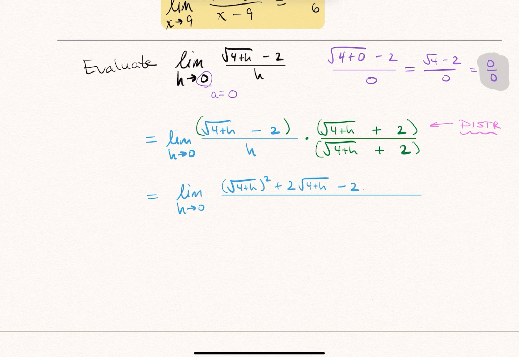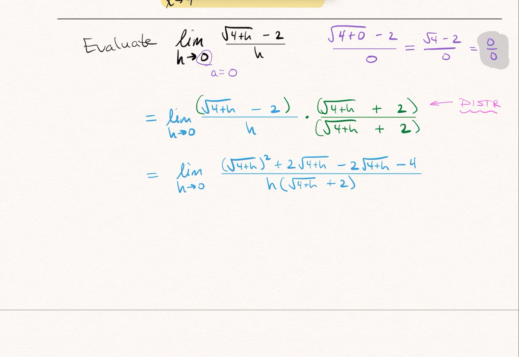Then we subtract 2 of those radicals. And lastly, we get a minus 4. And downstairs, we get a copy of the factors not distributed. As before, the middle terms should cancel. The square and the square root cancel.